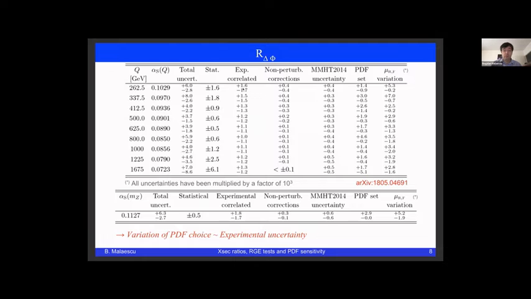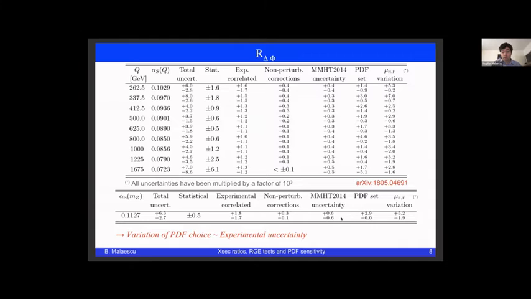We have here a table of alpha s at various energy scales, and you can see in this table also the PDF uncertainties extracted from the MMHT eigenvectors, and also the variations when changing among various PDF sets. You see this for every energy bin, and here at the bottom you see the same kind of table now combined among the various bins, so for the full range.